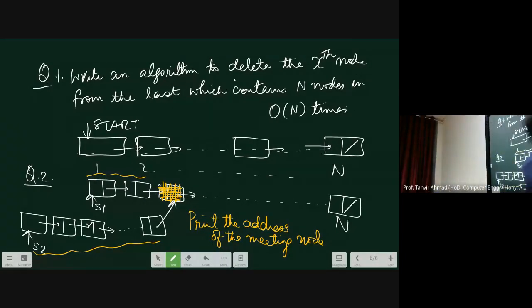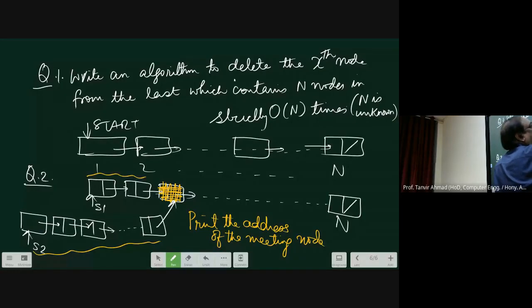So obviously, n is not known. That is the algorithm to delete the Xth node from last, in a list which contains n nodes, in strict order of n time.